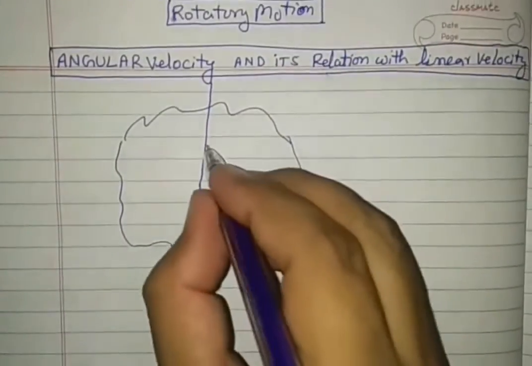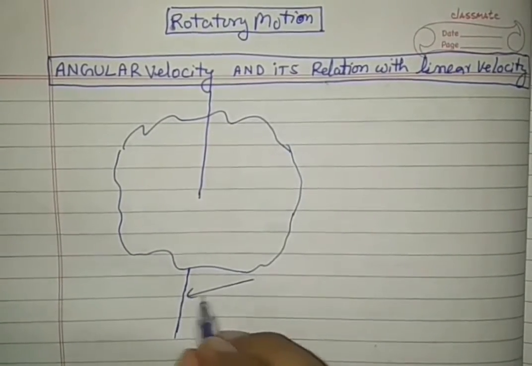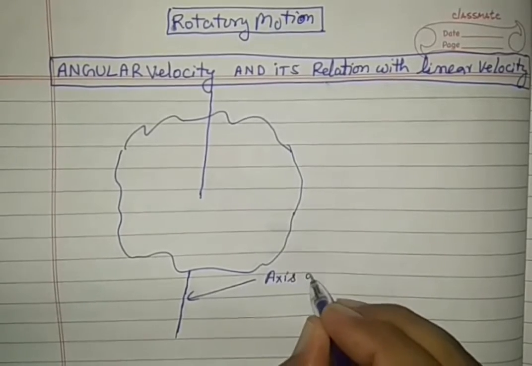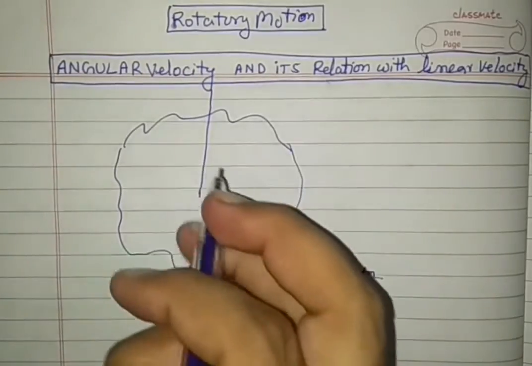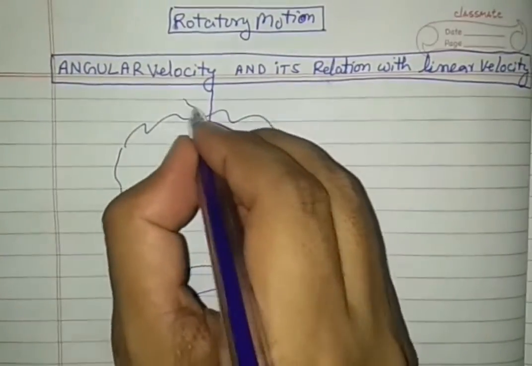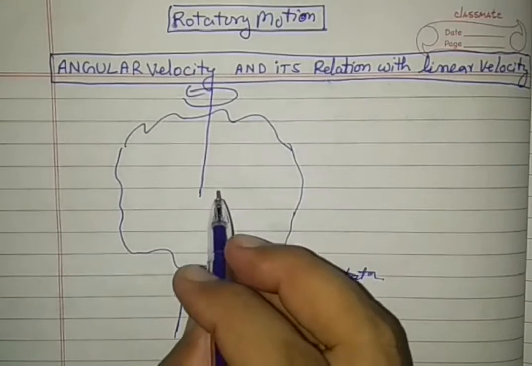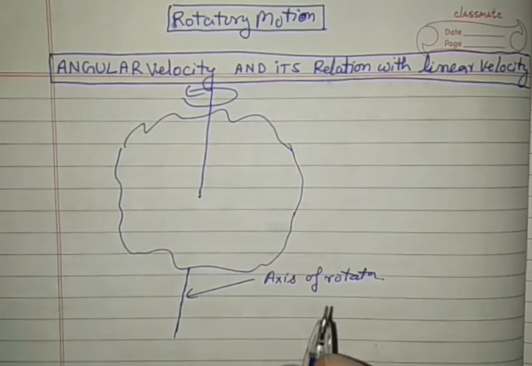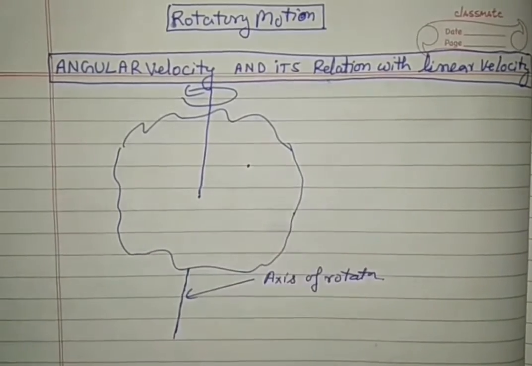The body is moving here in this clockwise direction, rotating around the axis that passes through this point O. Let a particle be here, clear?